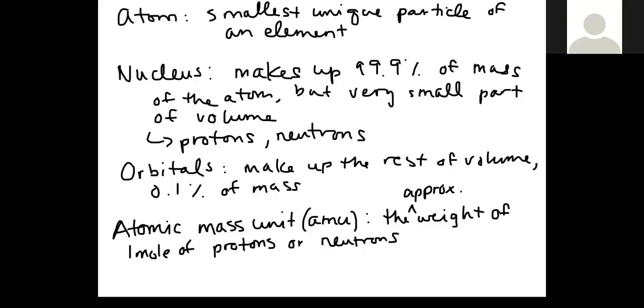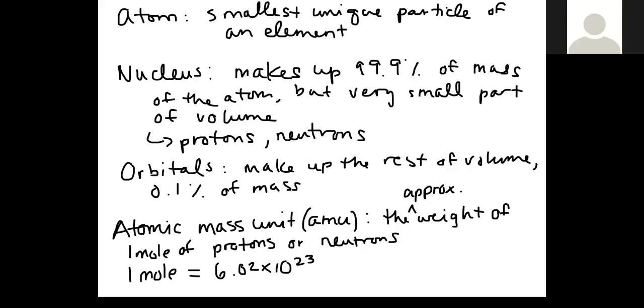Yes, 6.02. So 1 mole is 6.02 times 10 to the 23rd of something. It can be 6.02 times 10 to the 23rd protons. It can be 6.02 times 10 to the 23rd neutrons. We can talk about a mole of atoms, a mole of molecules, a mole of people.